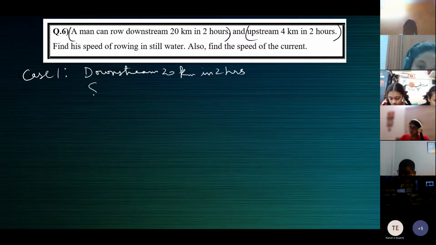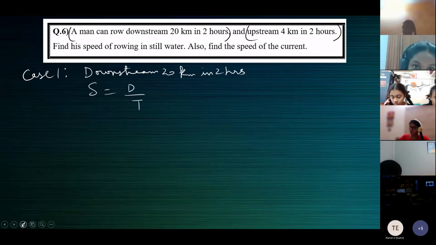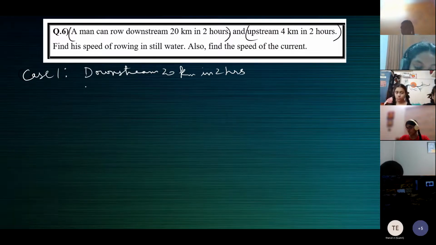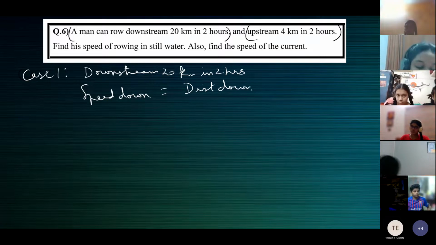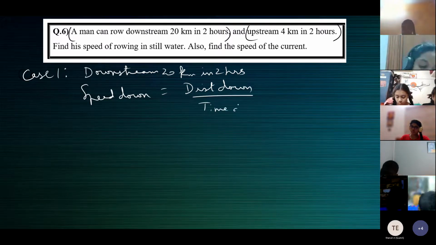We know that speed is equal to distance by time. One minute, let me write like this. We know that speed downstream is equal to distance downstream by time downstream. I'm just writing that so that you understand better.